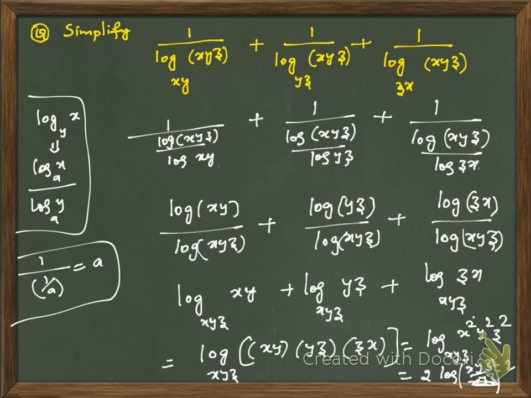Next, calculation of number of digits is not required, but if you want you can do it or learn. Or else we will try to simplify. For example, you are given log 2, log 3, and log 4 can be written as log of 2 square, that is equal to 2 log 2.